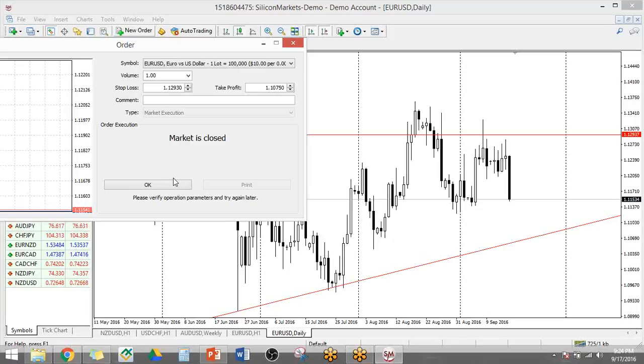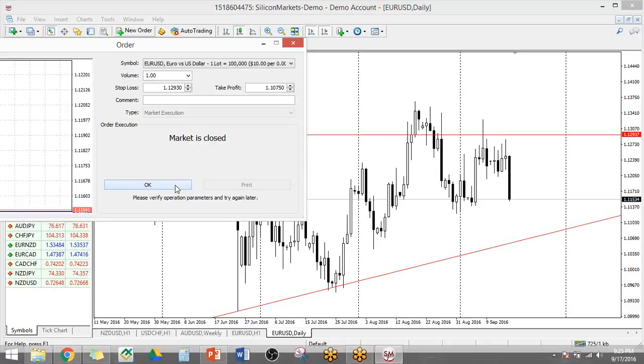So don't worry about that. If you key in the wrong levels, say you're buying and your stop loss is higher than the current price, it's not going to fill your order. It's just going to tell you your TP or SL is invalid and you have to check it again. So don't worry about that.